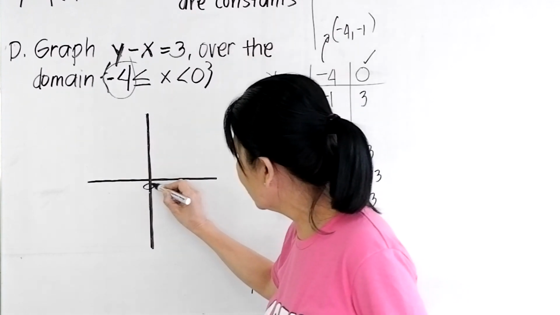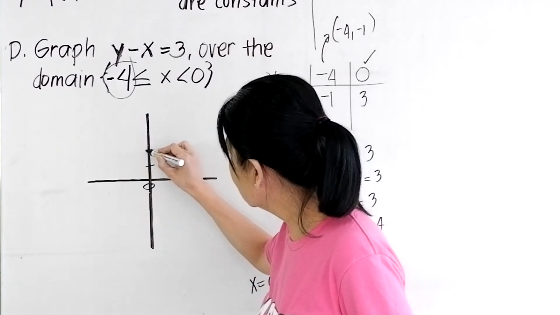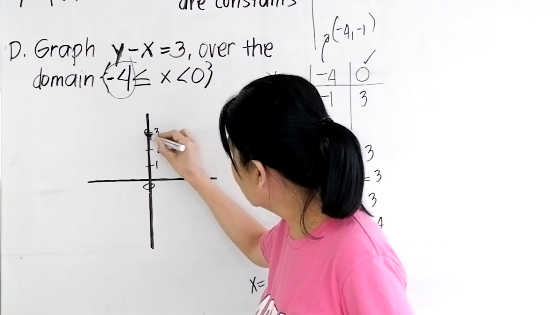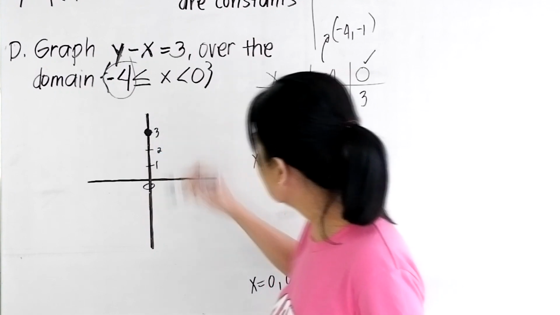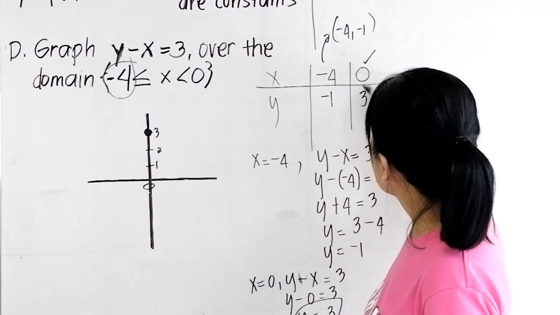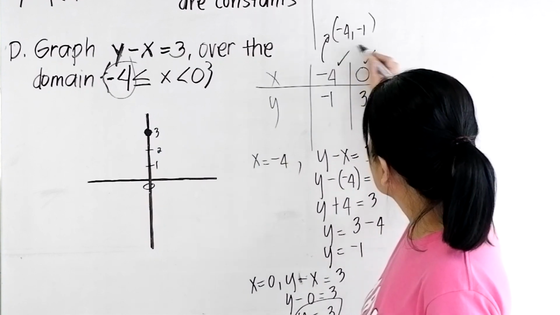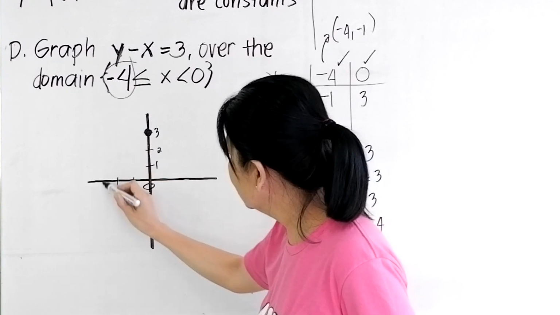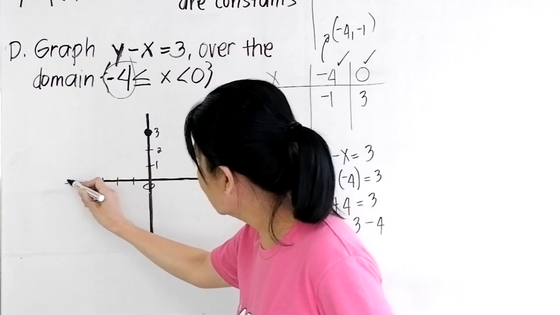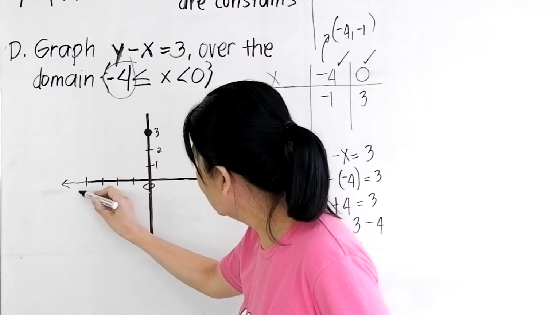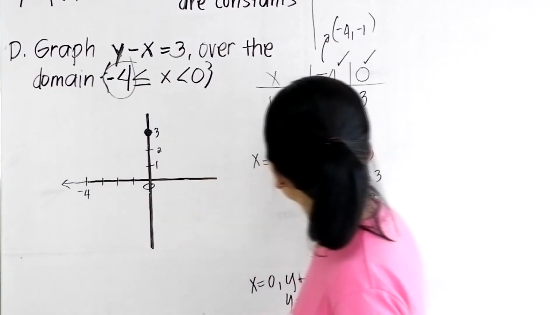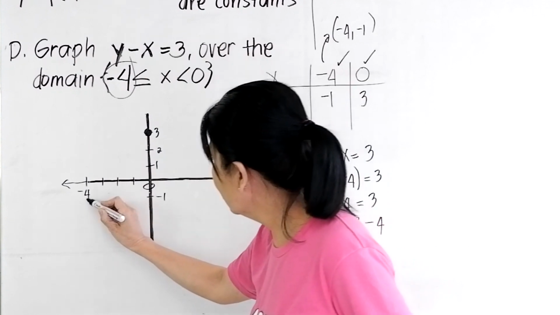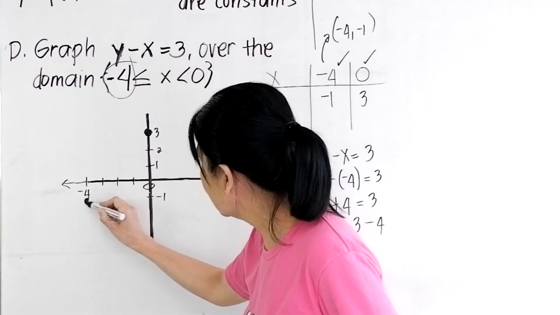When x is 0, you have it here. 1, 2, 3. 0, 3 point will be here. -4, -1. -1, -2, -3. Then let's say this is -4. There. -1 will be somewhere here. -4, -1 will be here.